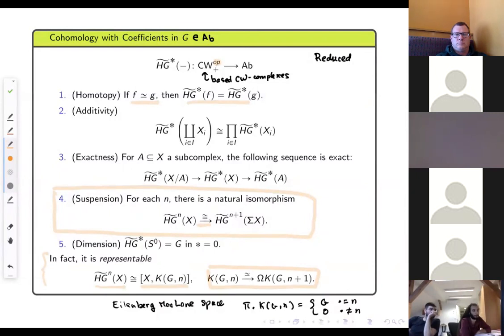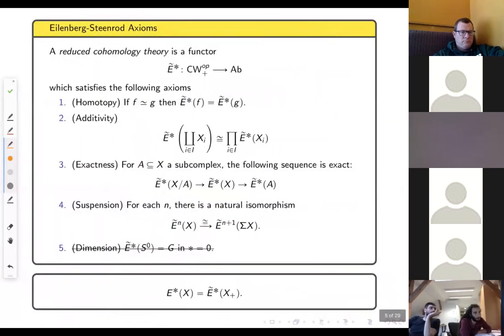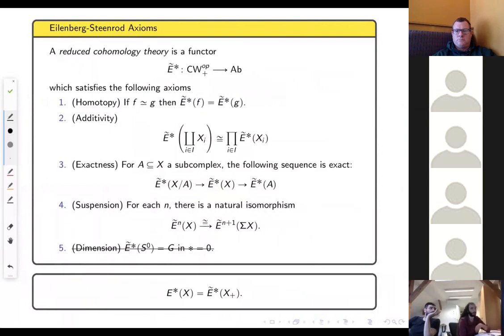All right, so we're not going to talk about ordinary cohomology theory so much. What we're going to talk about in this whole lecture series is generalized cohomology theories. If you take these axioms, what you get is something that people call the Eilenberg-Steenrod axioms for generalized reduced cohomology theory. However, there's one axiom, the last one, the dimension axiom, which we don't ask for.